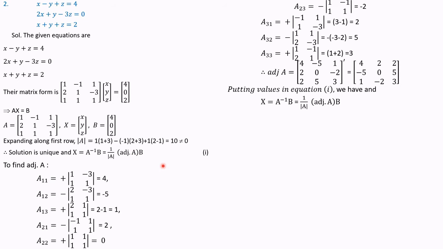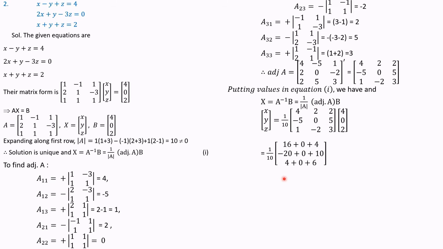We get x y z on the left-hand side equals A inverse, which is 1 by 10, since determinant A is 10, into the matrix adjoint A, 4 2 2, minus 5 0 5, 1 minus 2 3, and on the right-hand side we have 4 0 2.